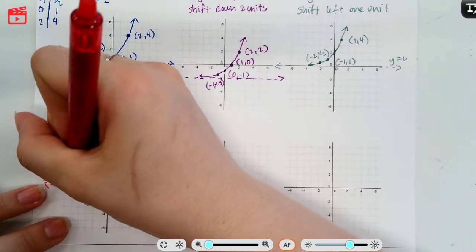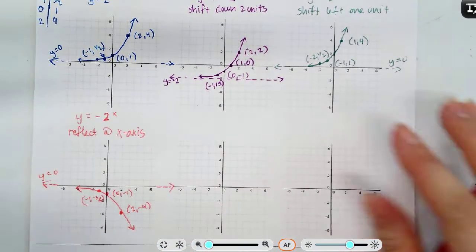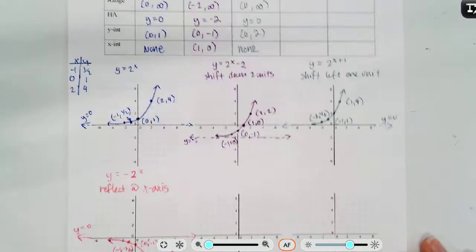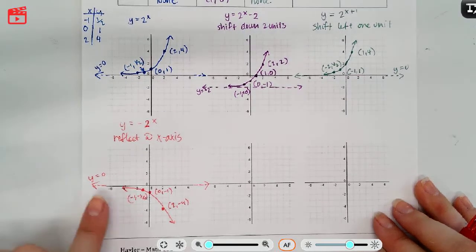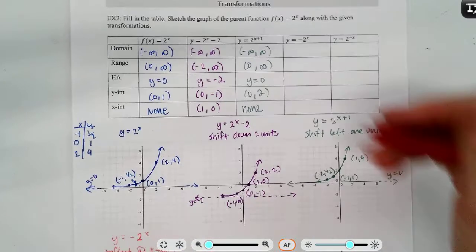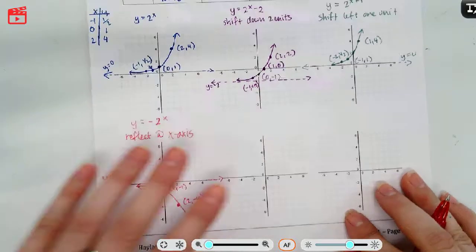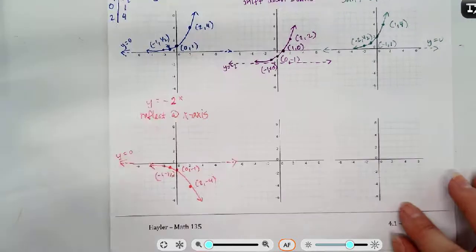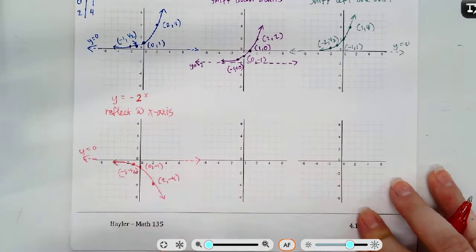All right, graphing that in. All right, so when we're filling out this box here, my domain hasn't changed, still negative infinity to positive infinity. My range, however, has changed. What's my lowest value for my range? It's negative infinity until 0.